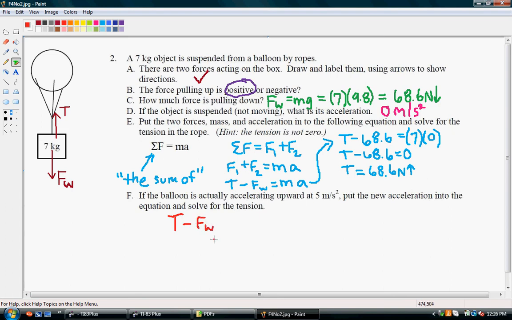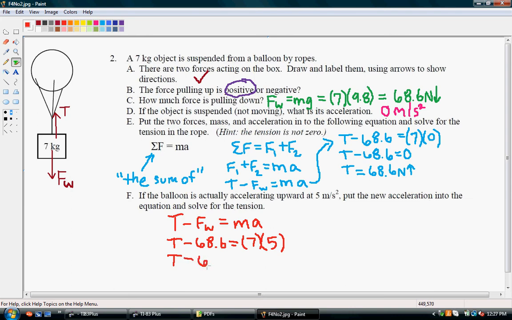It's actually accelerating upwards at 5 meters per second squared. Since it's upwards, it's going to be positive. So tension minus 68.6 equals, our mass is still 7 kilograms, and our acceleration is now 5 meters per second squared.